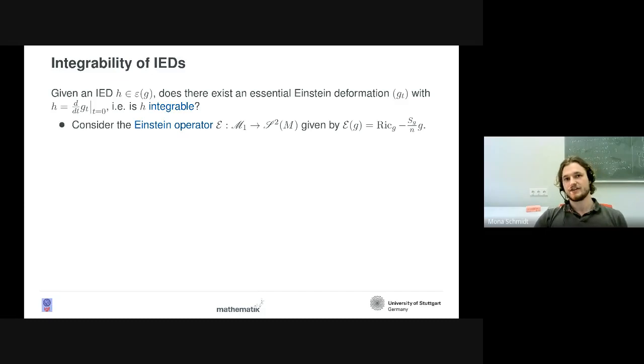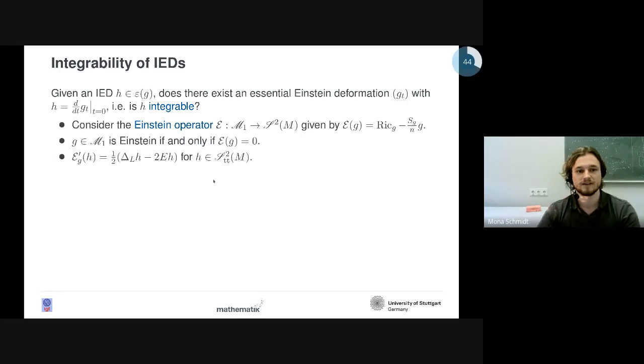A metric g is Einstein if and only if E of g is 0. Then we linearize this. If we linearize this, then we get this rigidity minus 2e again. So this is in fact what leads us to the definition of IEDs in the first place. This is just the linearization of the Einstein equation.